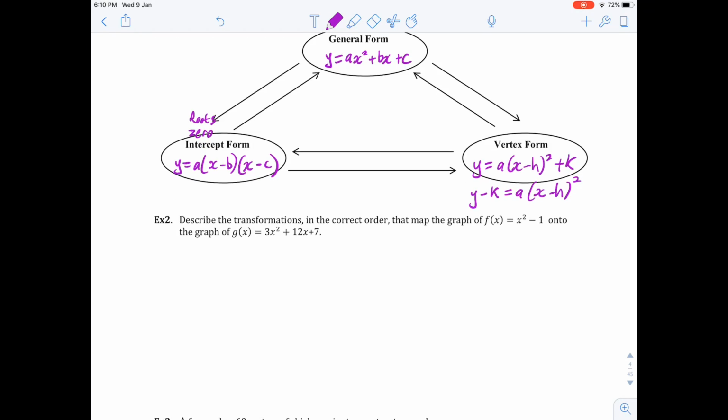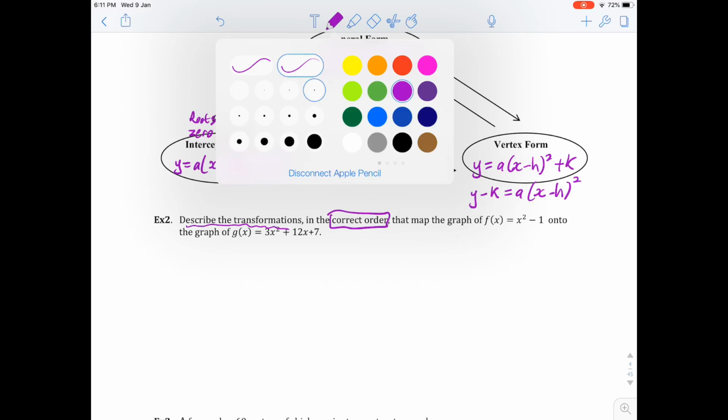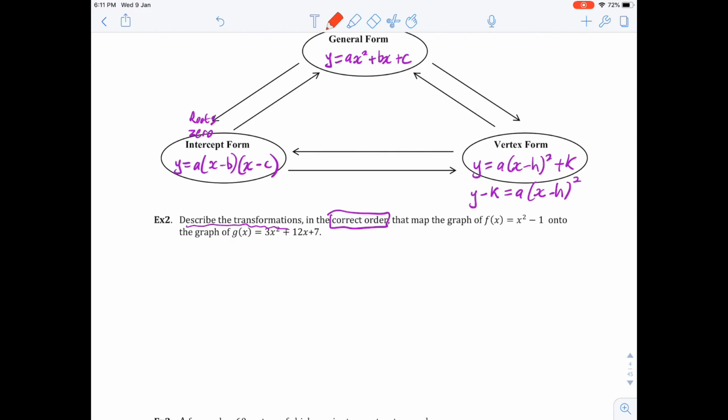Okay, so in this case we're going to describe the transformations in the correct order, and so I'll just remind you as a general rule, when we deal with transformations of functions, you will know to use RST, which is reflections, stretches, and translations. I'm going to modify that to RDT, reflections, dilations, and translations, generally speaking in that order.